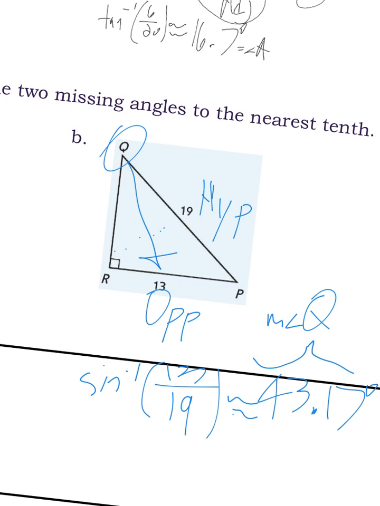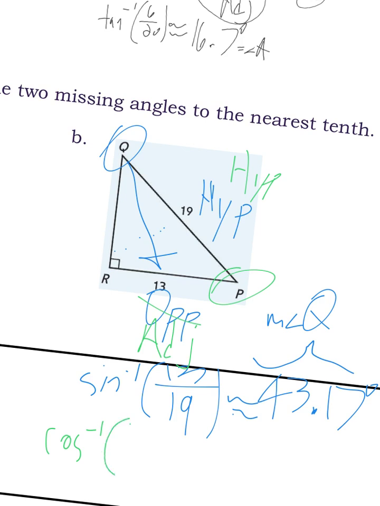All right, now let's do P using trig. I have the hypotenuse, still the hypotenuse, but now 13 is not the opposite, it's the adjacent side. 13 is adjacent to angle P, so adjacent and hypotenuse uses inverse cosine.